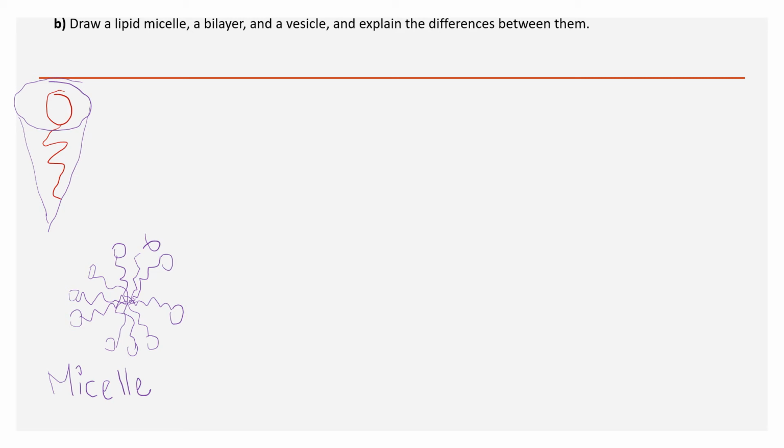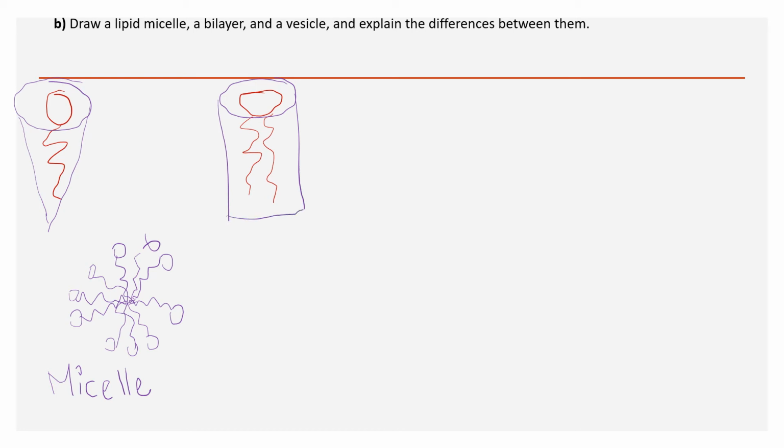Okay, so now we're going to go ahead and draw a bilayer. So the individual groups look like this. There's the polar head group, but these guys have 2 tails. Okay, so the shape is more of a cylinder, like that.